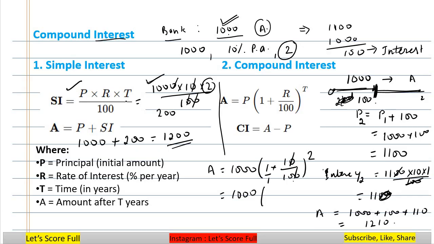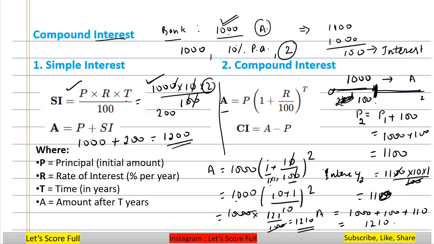I have to take the LCM. So the LCM of 1 and 10 is 10. Make the denominator equal by multiplying by 10. So 10 plus 1 over 10, correct? And when I solve this, how much will it be? 1000 into 11 squared, which is 121, over 10 squared, which is 100. Just cut these two 0s and it is 1210. This is the amount I am getting.